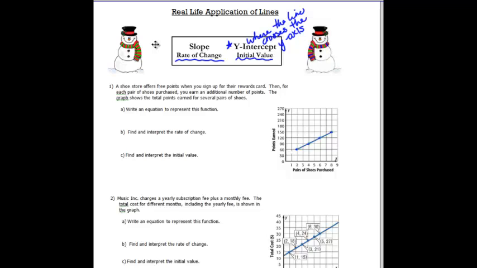The first thing that you're going to want to do is think about the rate of change and the initial value. So what would our initial value be? Well, it's not shown here, so you would have to take a ruler and sketch it out. You'd have to extend your line and see where it would intersect the y-axis.